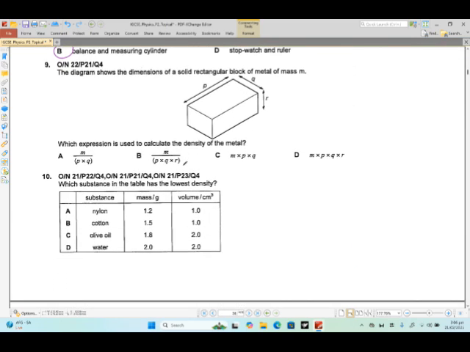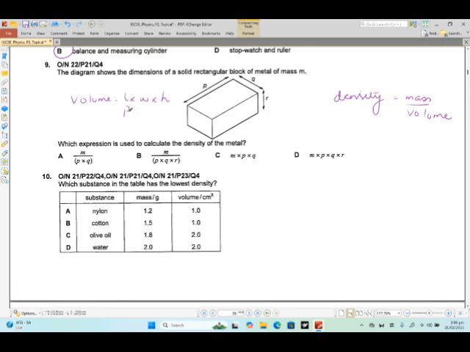The diagram shows the dimensions of a solid rectangular block of metal of mass m. Which expression is used to calculate the density of the metal? Density is equal to mass per volume. So volume is going to be calculated by length into width into height.